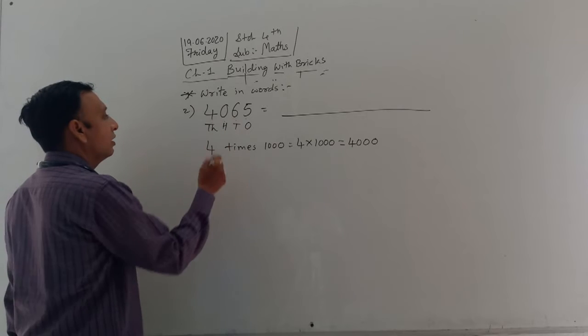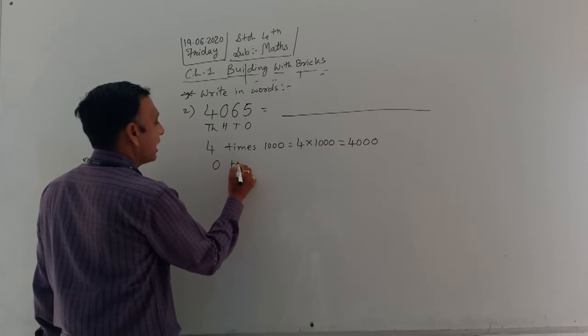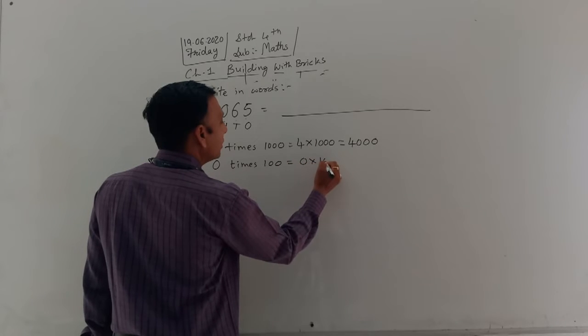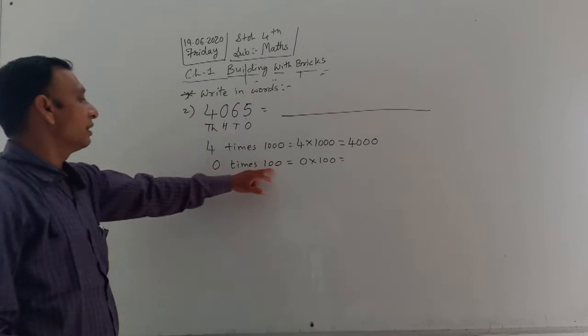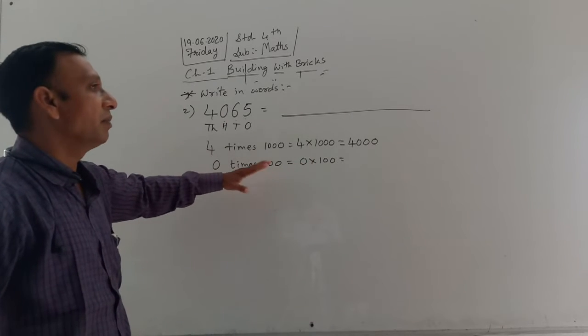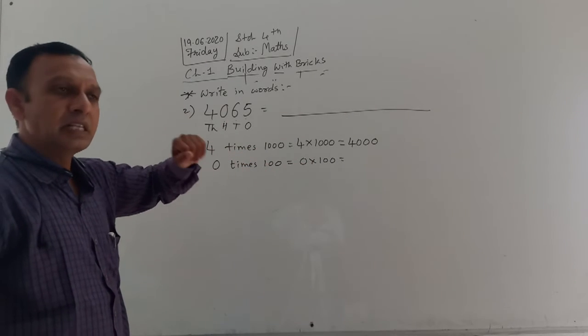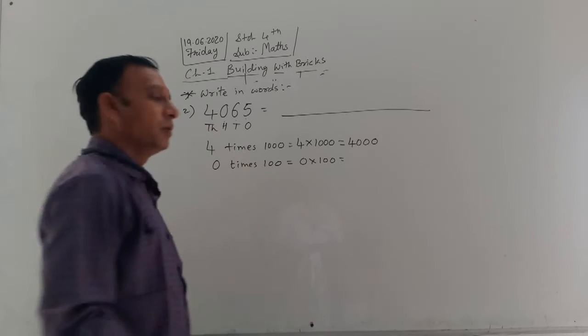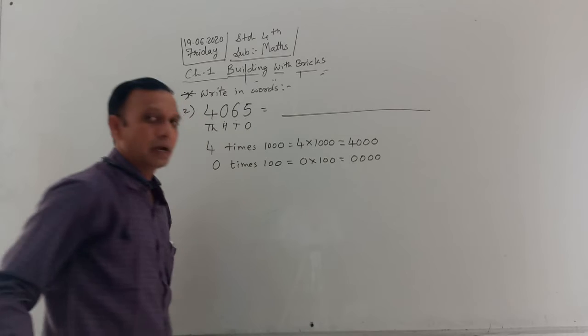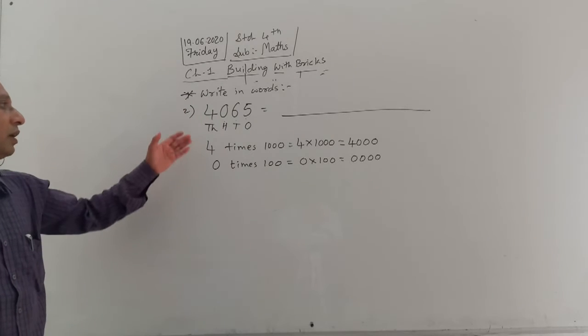Now 0 is at the hundreds place. So 0 times 100, that is 0 into 100. Any number multiplied by 0, the answer will be 0. So here 0, the answer will be 0.